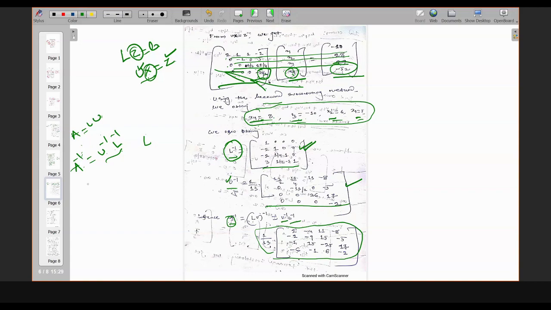Of course, these are the direct methods to find the inverse of the coefficient matrix of the linear system Ax equals B.